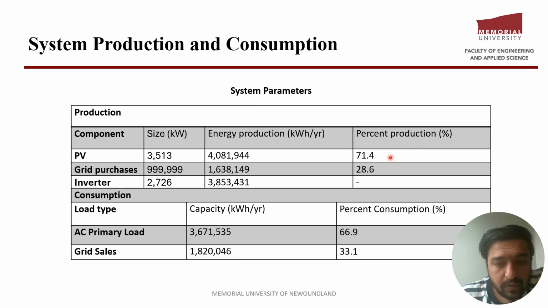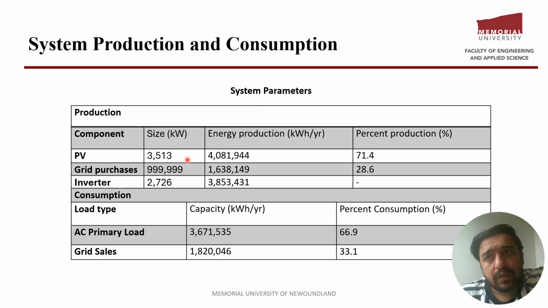So we analyzed that if we have a system with a panel capacity of 3,513 kilowatts, which is equal to 11,333 panels of 310 watts, it requires an area of around 18,500 square meters.